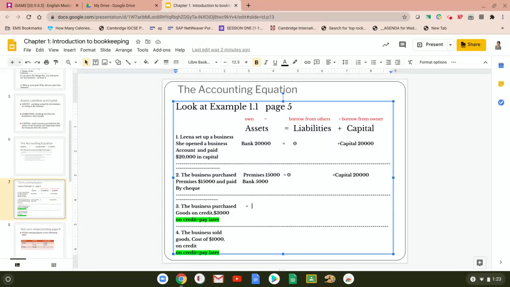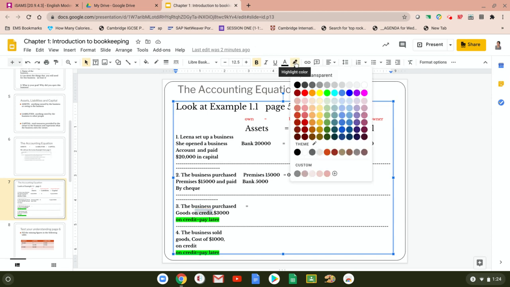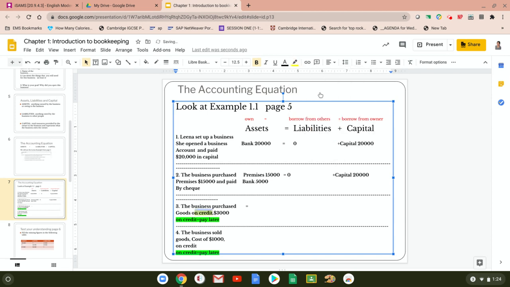Okay, so if it's 3,000 and it says here, look at the word, on credit. I will highlight that in yellow so you see that. In accounting, when we say on credit, it means we pay later. Pay later.